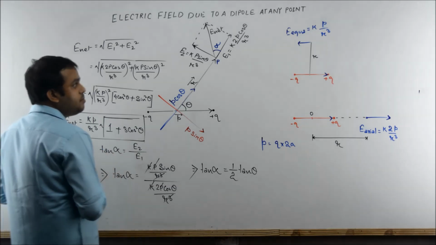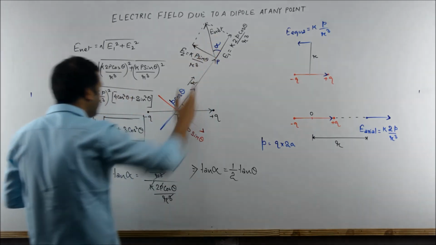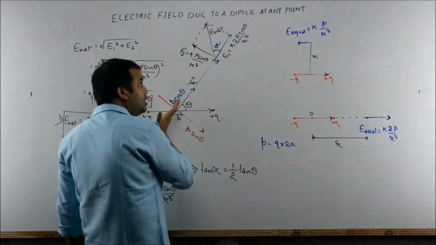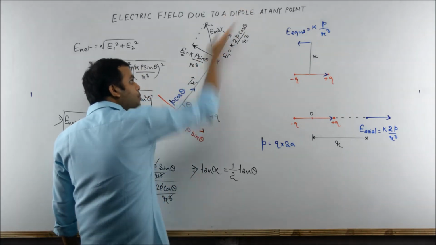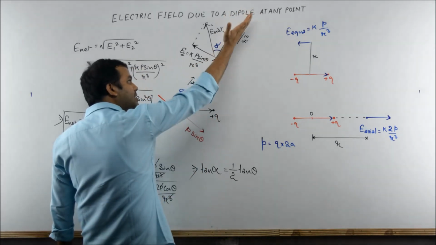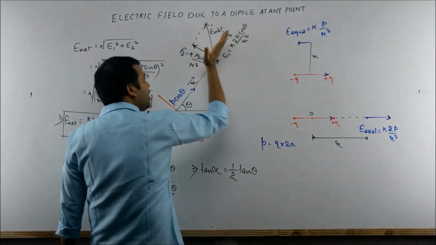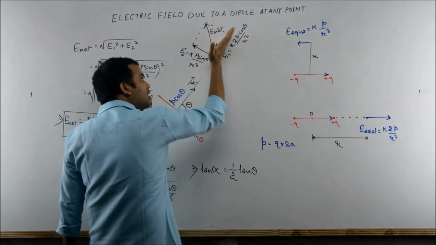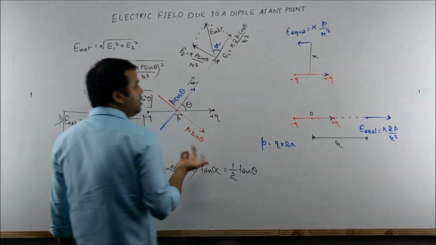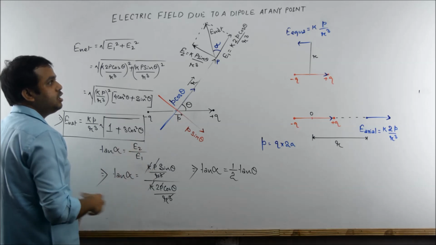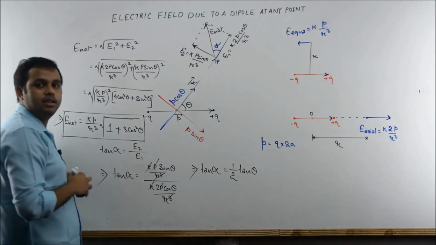We will say the magnitude of the net electric field is this, which is inclined to the r vector by an angle alpha. This is how we express the direction of the net electric field. Clear, students?